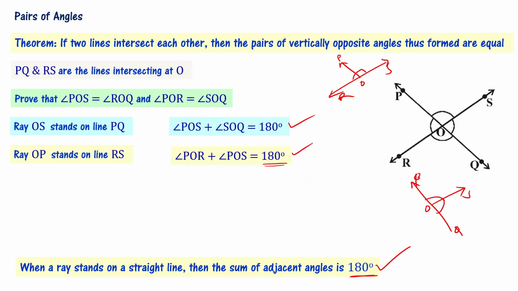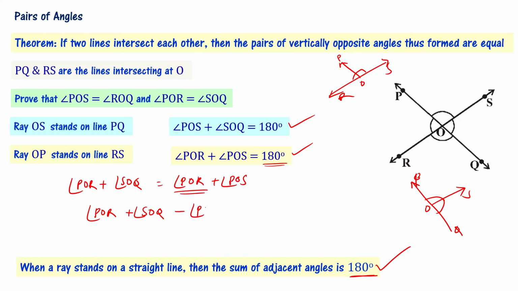Now let's equate these two. It means angle POR plus angle SOQ is equal to angle POR plus angle POS. Let me take this POR to the other side. Angle POR plus angle SOQ minus angle POR is equal to angle POS. The minus POR and plus POR cancel.